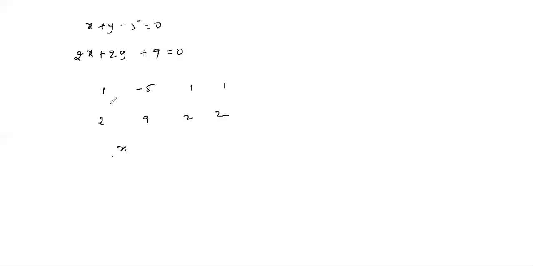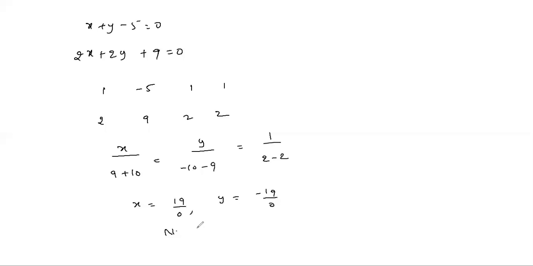So x by 1 into 9, 9, plus 2 into 5, 10. Y by minus 10, minus 9. 1 by 1 into 2, minus 2. So x equals 19 by 0 and y equals minus 19 by 0. It is not defined, meaning the point of intersection does not exist, because these two lines are parallel.